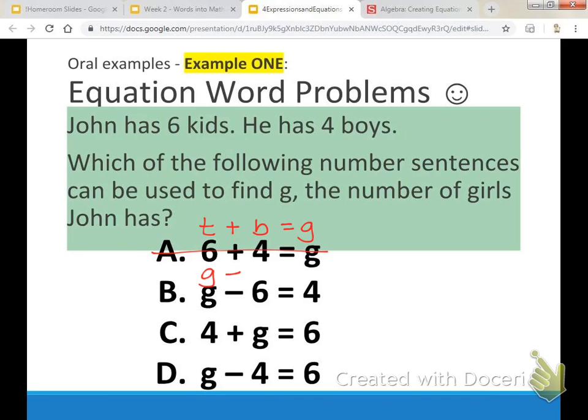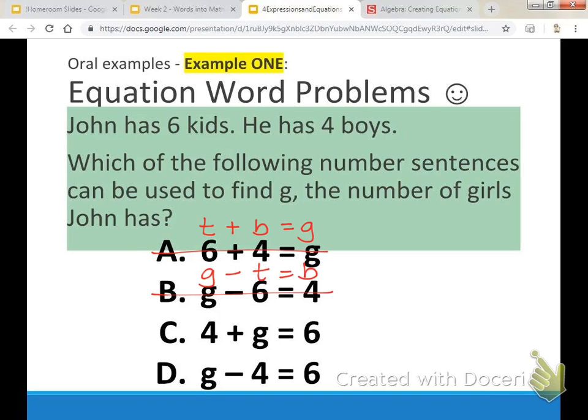If we have the girls and we take away, what does 6 stand for? The total. Is that going to equal, what does 4 stand for? The number of boys. Take the girls, 2, subtract the total, 6. Will we get the number of boys? No. Right, that doesn't make sense. So that one's not logical.